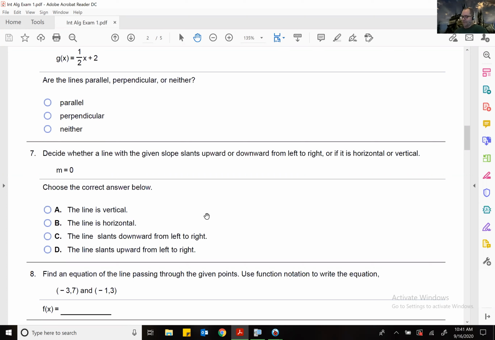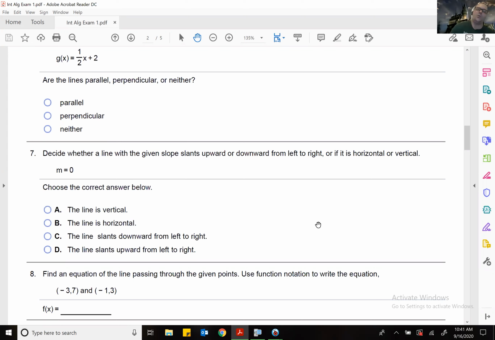What do you think that line looks like? Will it increase from left to right? Decrease from left to right? Is it vertical? Is it horizontal? Horizontal. So the answer is B. You would just come over here, select B, and move on with life.